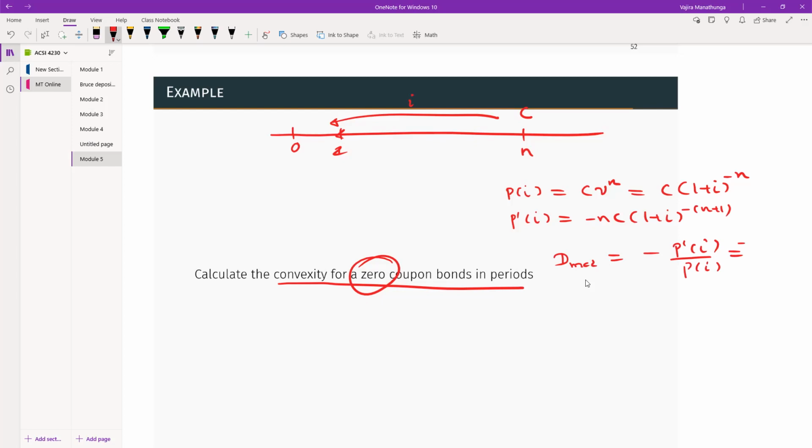You can see that negative n C (1+i) to the negative n plus 1, over C times (1+i), so modified duration is going to be negative n divided by 1+i.